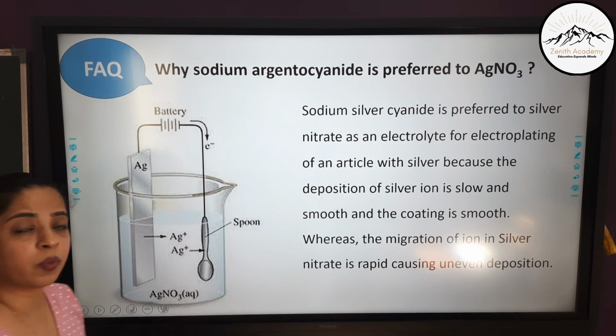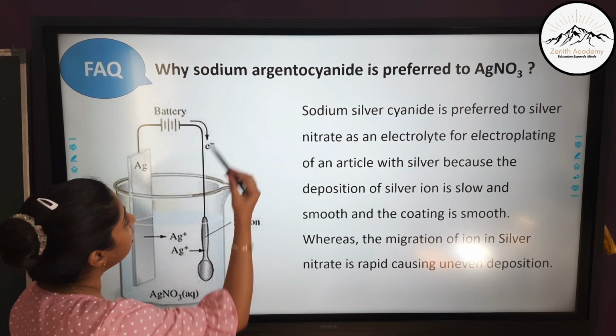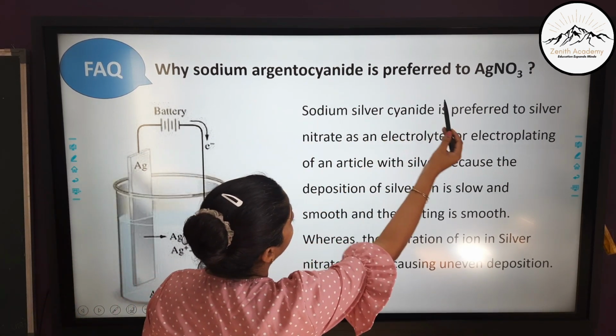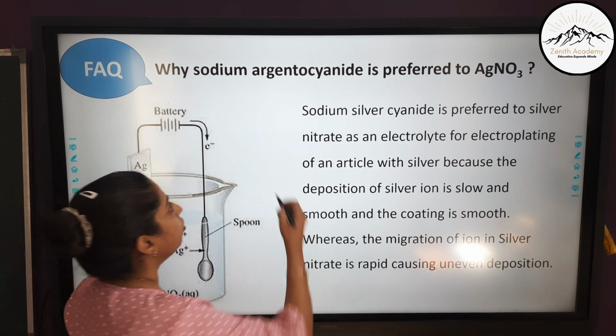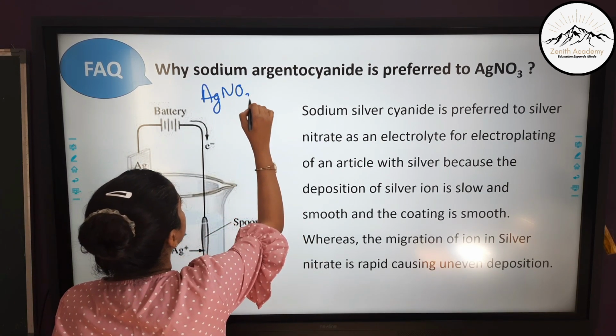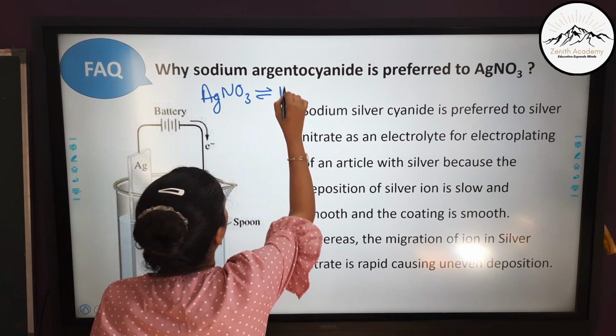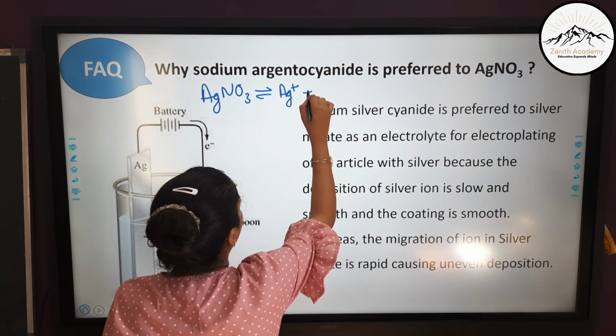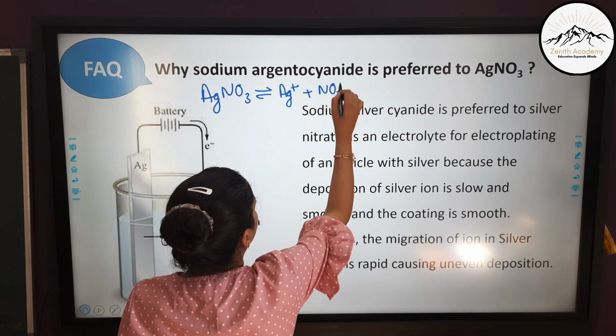Now there is a very frequently asked question: why is sodium argentocyanide preferred to AgNO3? We have been studying that AgNO3 easily dissociates to form Ag+ and NO3-, right?